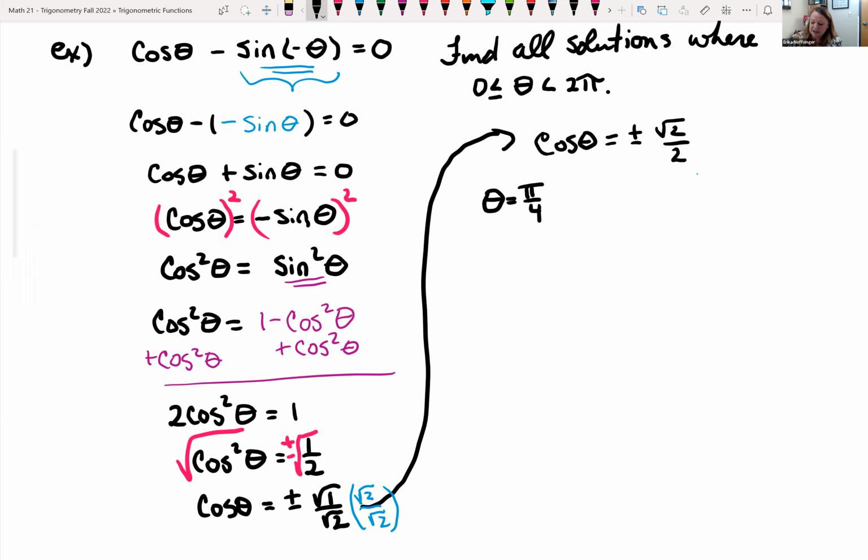So the other positive values of theta, let's just move around the second, third, and fourth quadrants. If we think about pi fourths in the second quadrant as our reference angle, we're looking at pi minus pi fourths. So 4 pi fourths minus 1 pi fourths is 3 pi fourths.